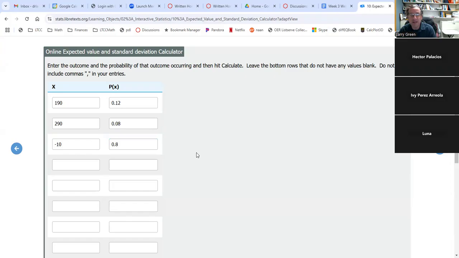Any questions on typing in x and p of x? Nothing tricky. I tried to make the calculator easy.